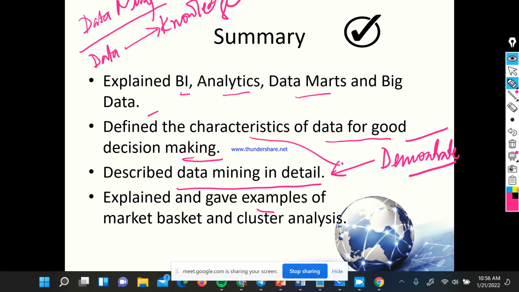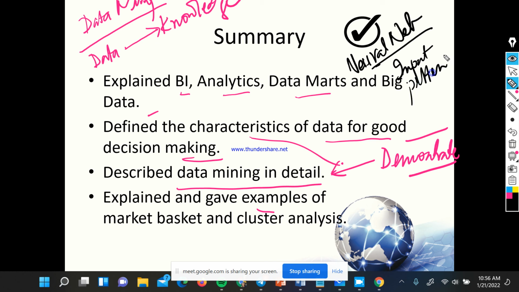But when it comes to neural network, you see now what I'm showing you. Neural network is input pattern, and that leads to an output pattern. So there is no question of knowledge.